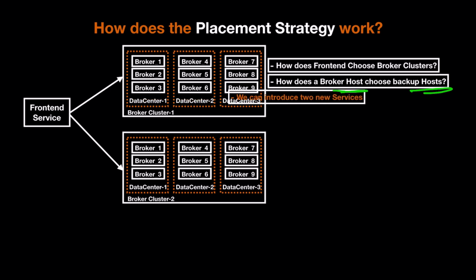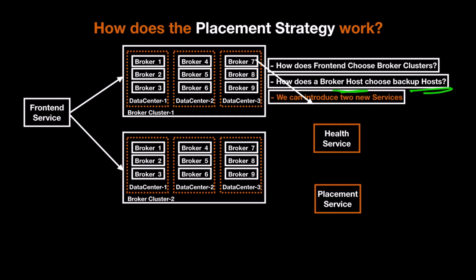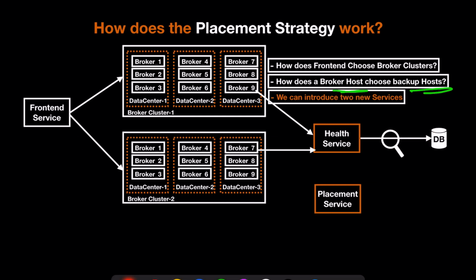To answer this question, we can introduce 2 new services: a health service and a placement service. Every host reports its health metrics to our health service, and the health service publishes this health data into our observability solution as well as our database.